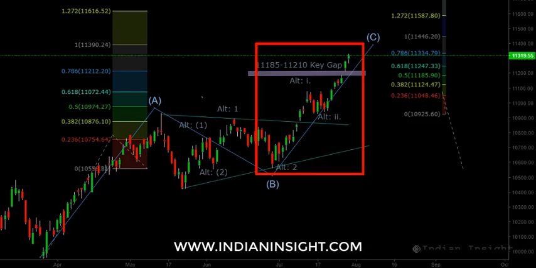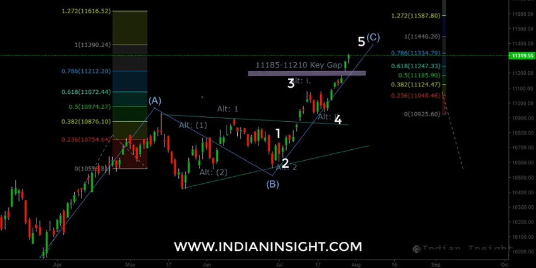If we count this structure as 1, 2, 3, 4, 5, wave 5 looks much longer compared to waves 1 and 3. In fact, wave 5 is now very similar in magnitude to wave 3. While this is not a violation of any of the three rules within Elliott Wave theory, and our base case scenario can be perfectly valid, such bullish price action should alert us to be open to other possibilities and wait for confirmation before acting on our assumed wave count.